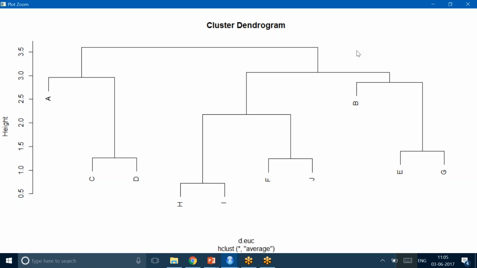It's now up to you as an analyst to decide what the diagram says and decide pictorially whether you feel it's a 2 cluster, 3 cluster, 4 cluster, 5 cluster, or no cluster, with all 10 records as separate clusters. So let's assume 4 clusters. If I say 4 clusters, what will be the 4 clusters graphically? If you see, what would be that 4 combination?